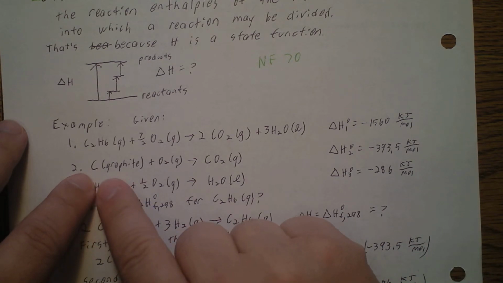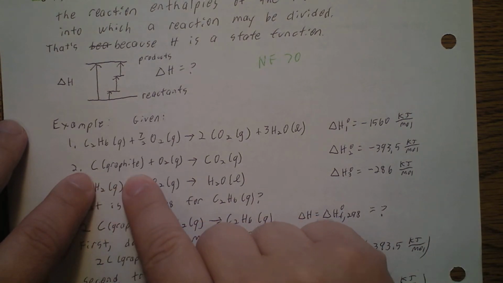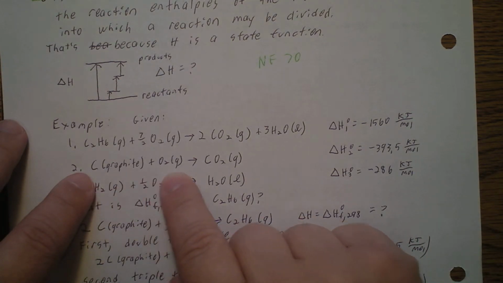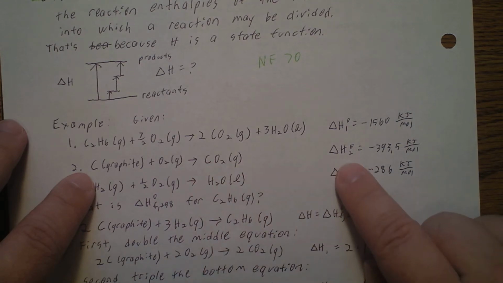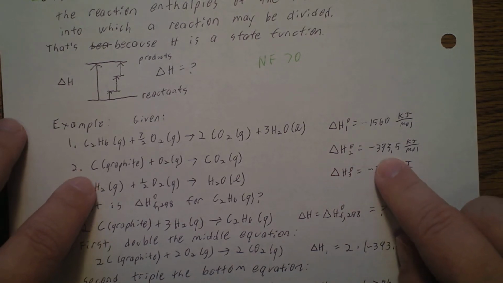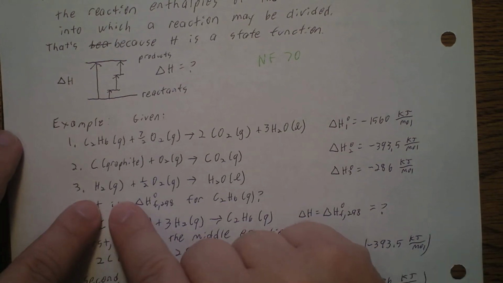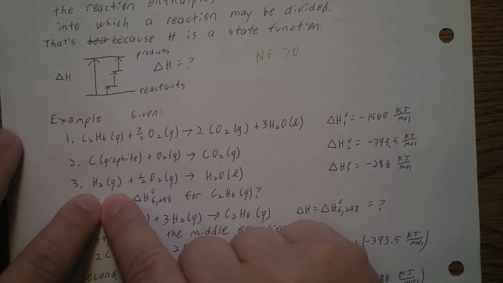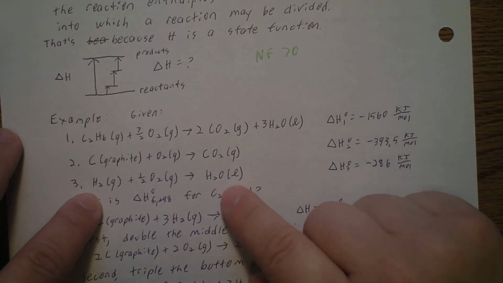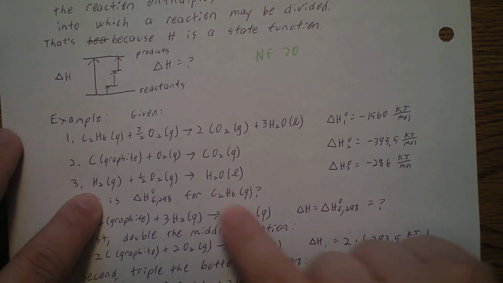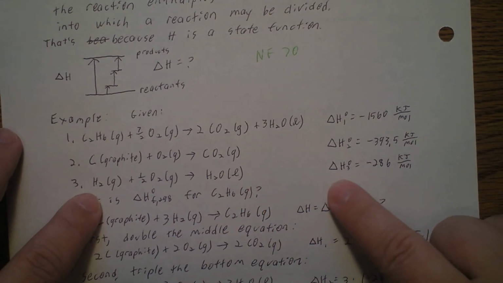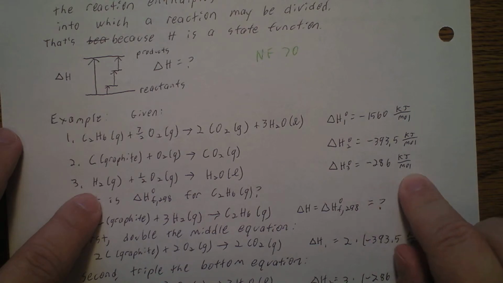So for equation 2, we're going to take carbon in the graphite form plus oxygen and burn it to get carbon dioxide. So the change in enthalpy in the standard state for equation 2 is going to be minus 393.5 kilojoules per mole. And then hydrogen, burning that with oxygen to give water liquid, that's going to be minus 286 kilojoules per mole.